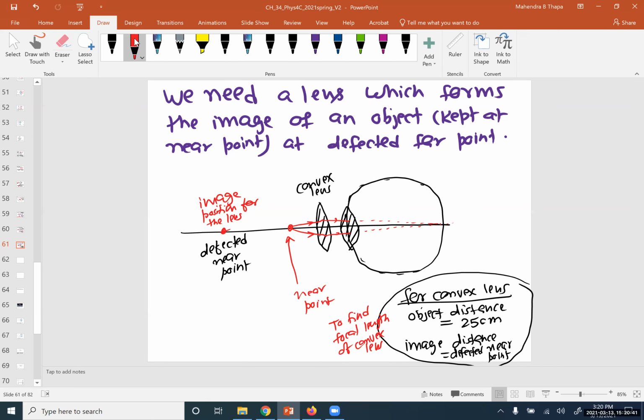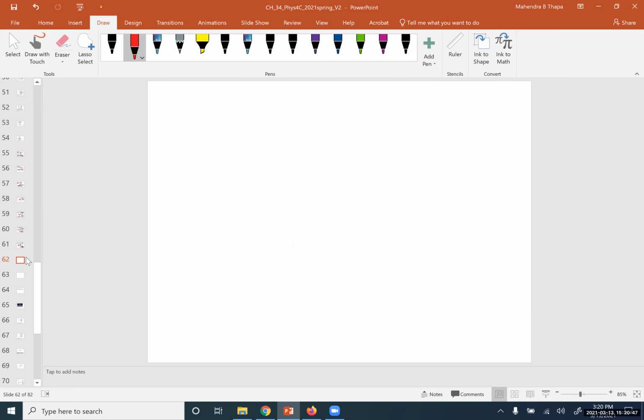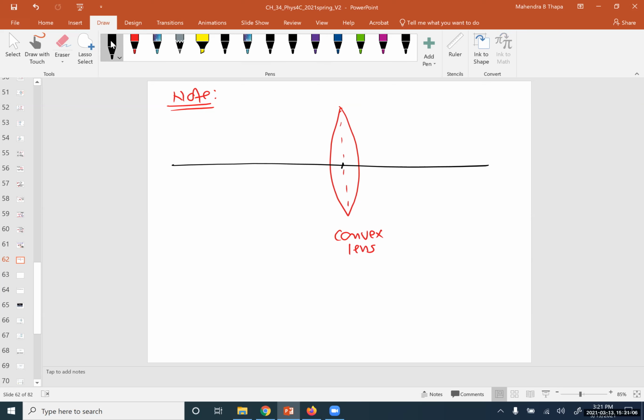I want to repeat one more thing here, just a note we have seen before. If you have a convex lens like this, our eye lens is also such a convex lens. So this is the principal axis. You know that if you put the object between the optical center and focus, the image will not be real, it will be a virtual image.